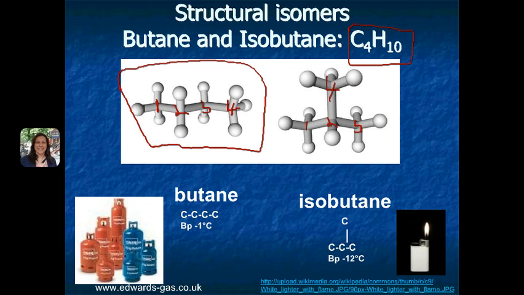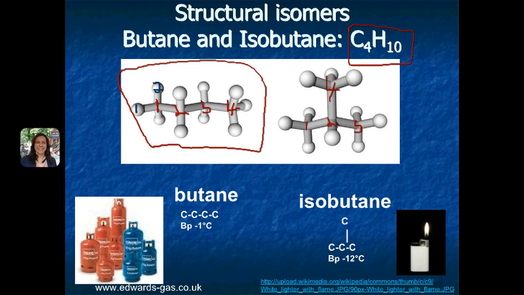When you compare them to each other, you can see already that they each have 4 carbon atoms. If you count the number of hydrogen atoms that surround the carbons, then you'll see that each has 10. I'm not going to write each of them down, but this is hydrogen number 1, 2, and so forth. So they have exactly the same number of both carbon atoms and hydrogen atoms.